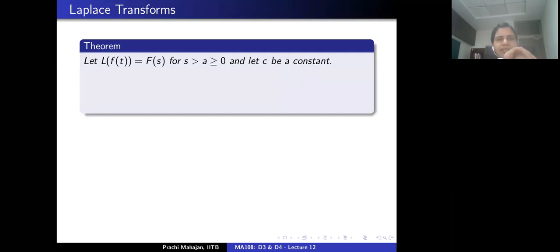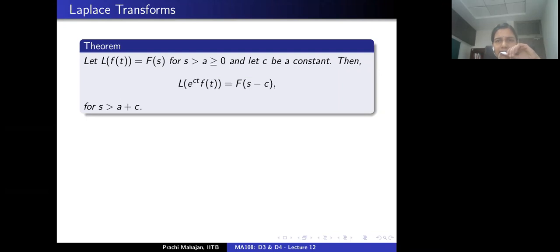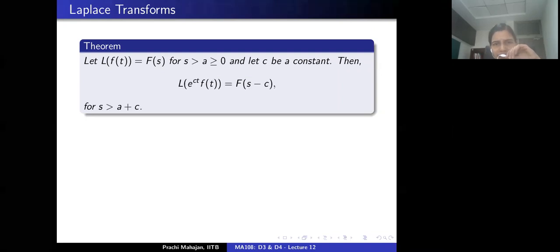Given a function little f for which the Laplace transform exists for all s bigger than a, let's denote the Laplace transform of f by capital F, and let c be a constant. Then the Laplace transform of the function exponential ct times f is given as follows. What is happening here? This is the other scenario.